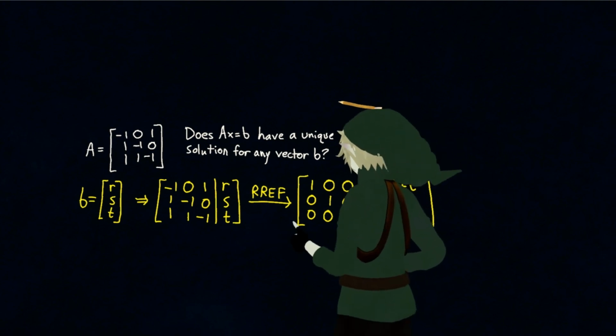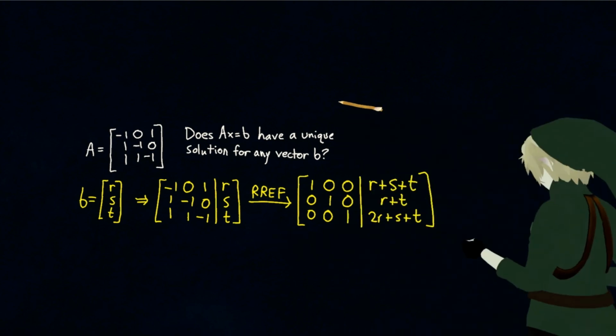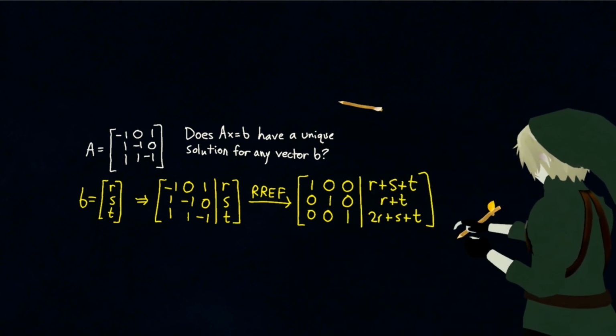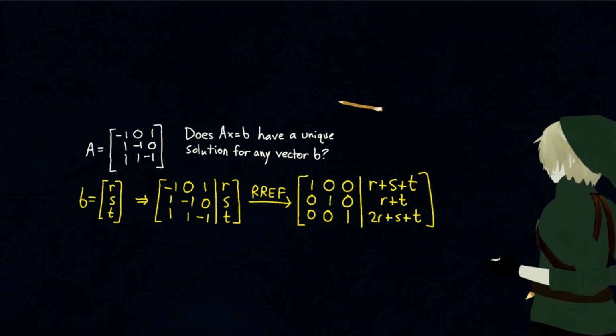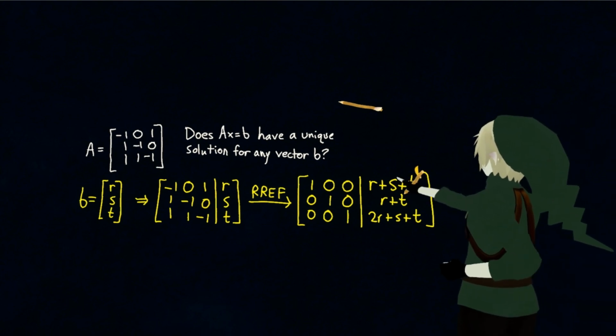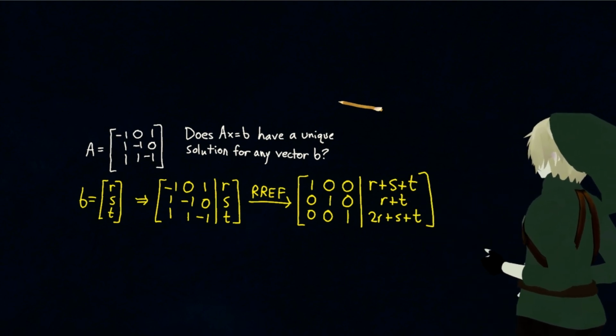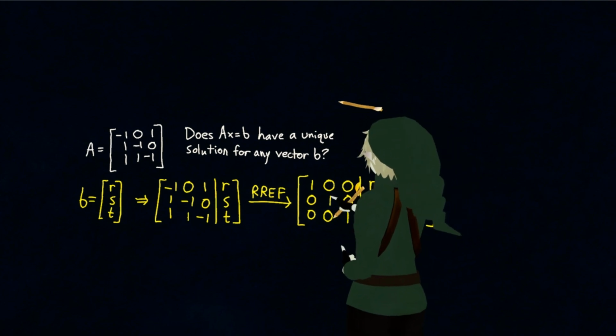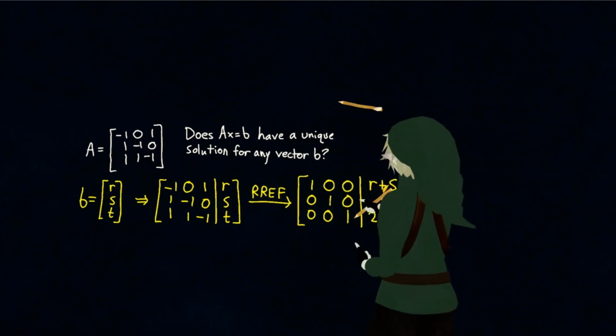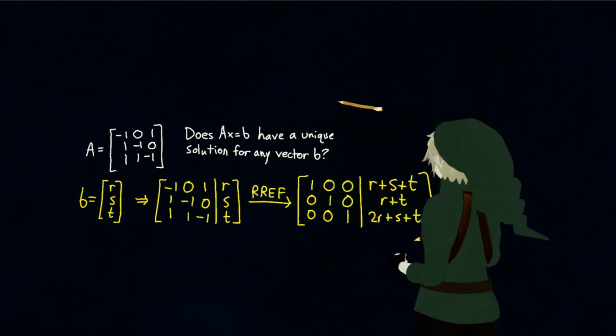Okay? So this is what we have as our REF. Cool. So that means that our vector x is this. So our x is equal to this, y is equal to this, and z is equal to this in terms of r, s, t.